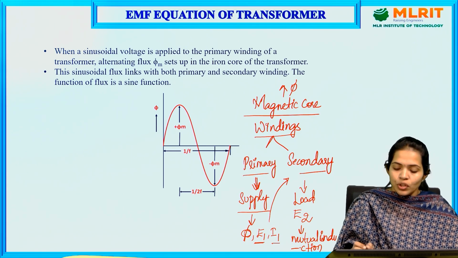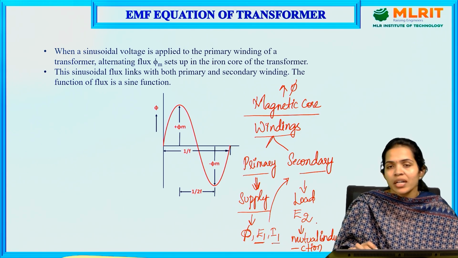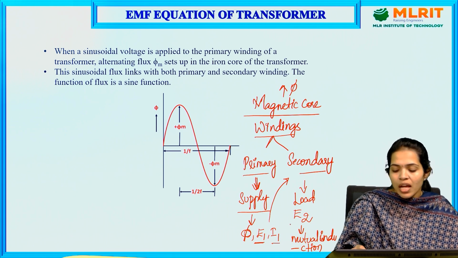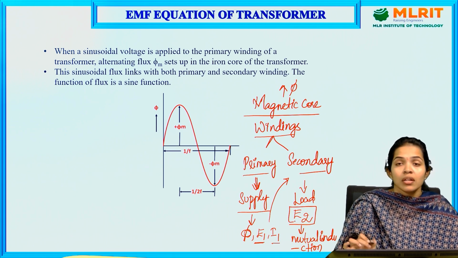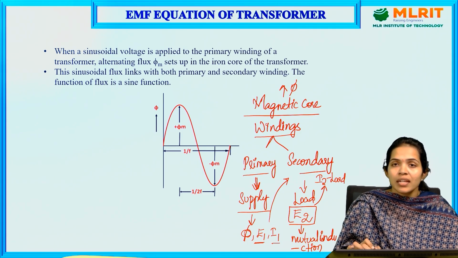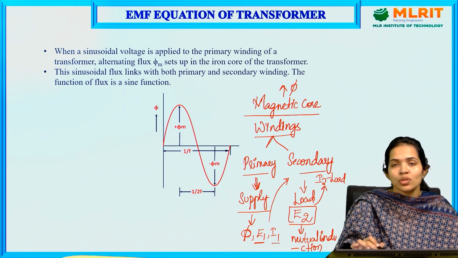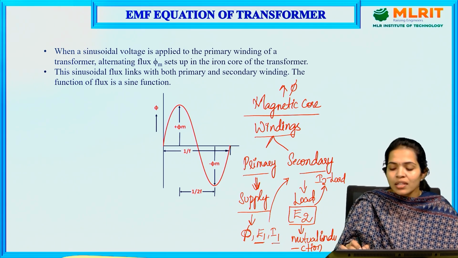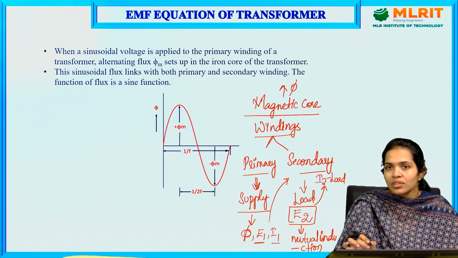This EMF E2 is responsible for the flow of current I2 in the load of the transformer. Basically, supply is connected to the primary winding and the load is connected to the secondary winding.